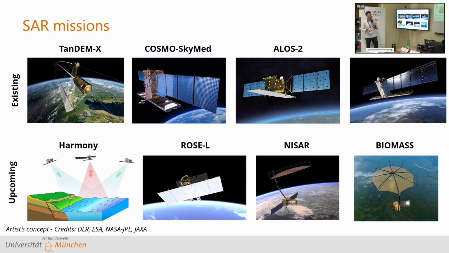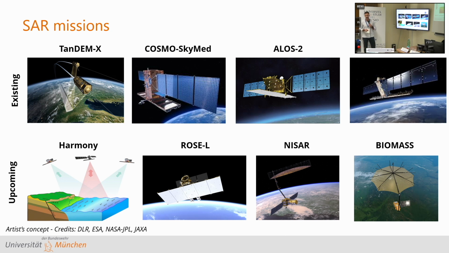What is coming? Constellations. We put satellites before and after the Sentinel-1. We get the Harmony missions for doing some advanced processing. There is ROSE-L, still from ESA, that will come. This is an L-band SAR.